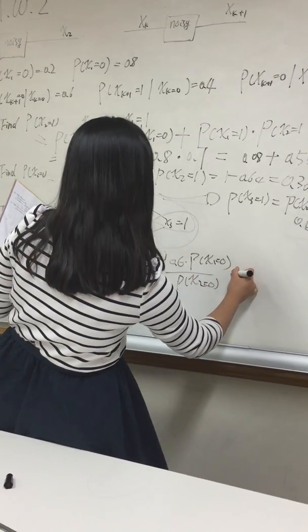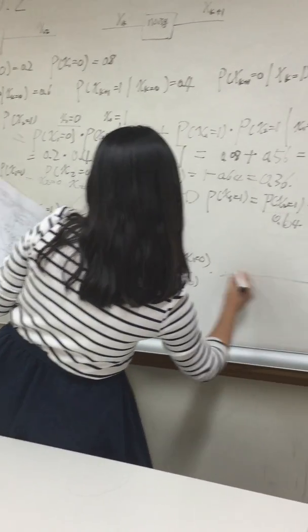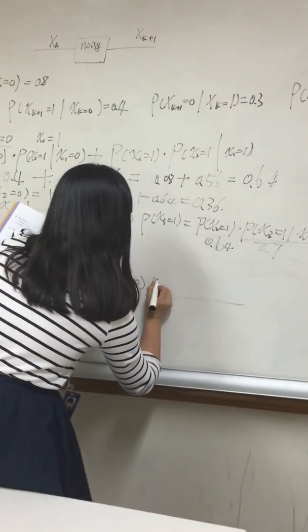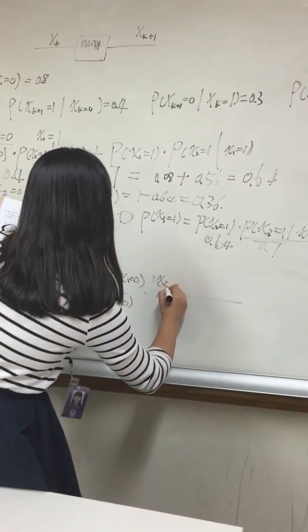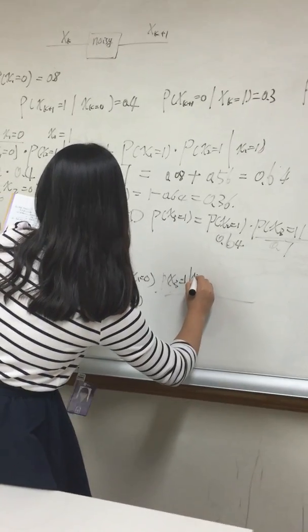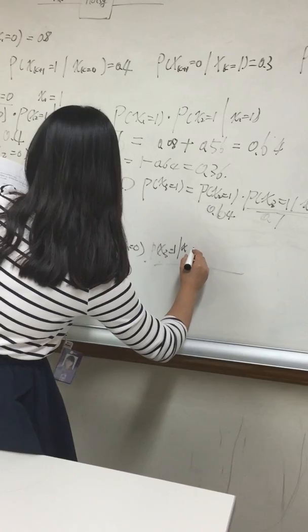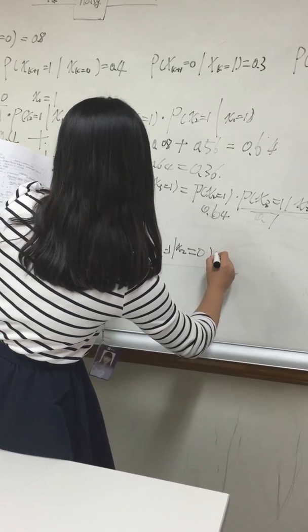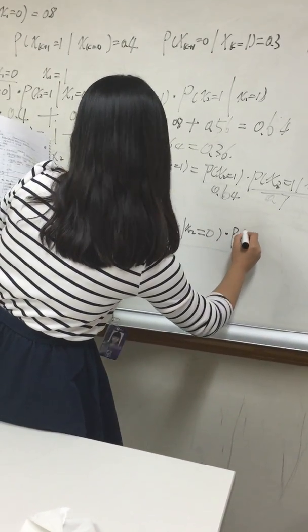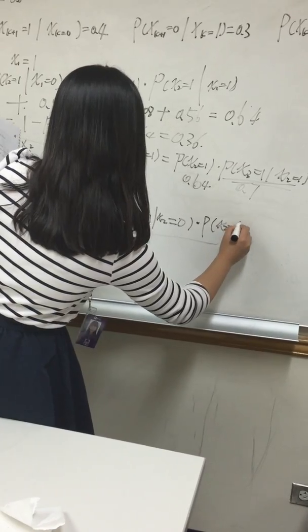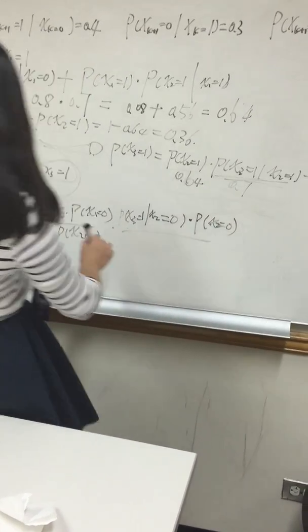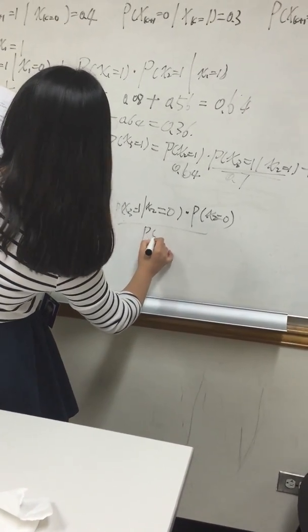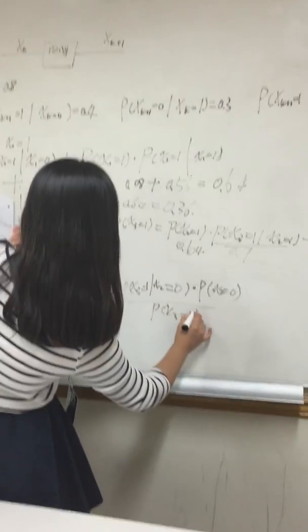It's similar to this probability: the probability x3 equals 1 and x2 equals 0, times the probability x2 equals 0, and the probability x3 equals 1.